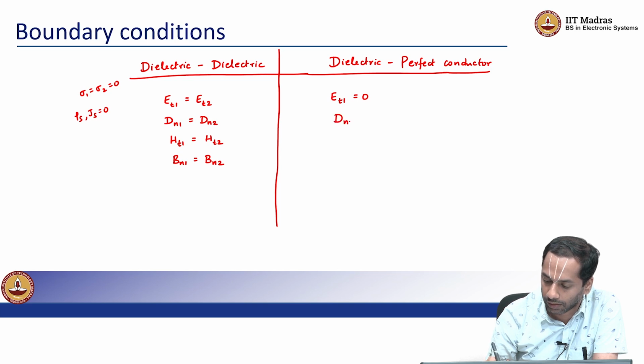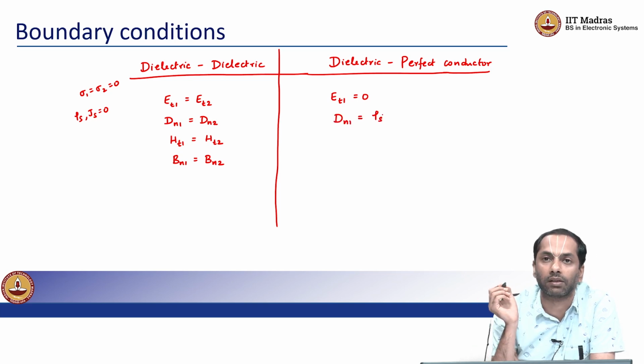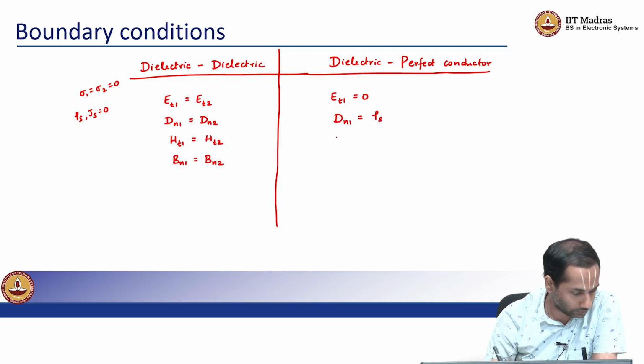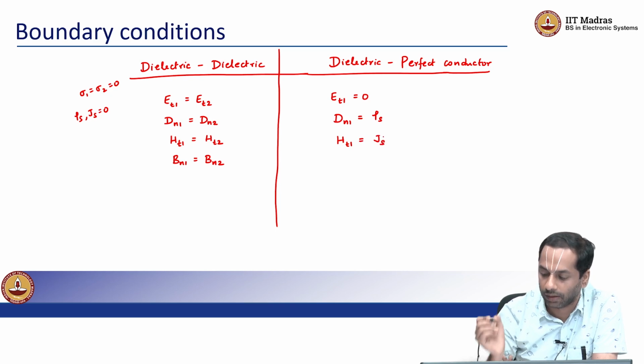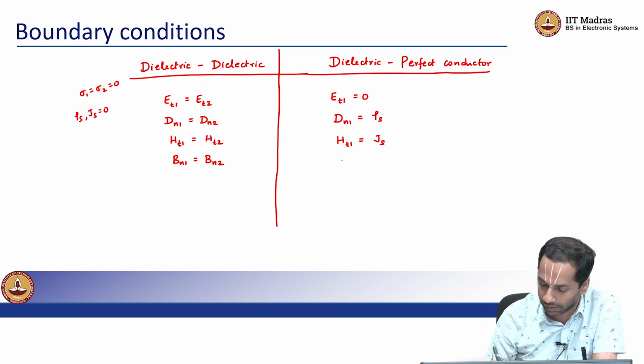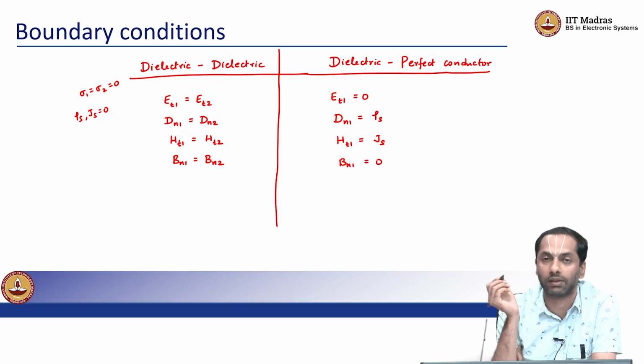And then the normal displacement vector is simply the surface charge. Similarly, the tangential component of the magnetic field is the surface current, and the normal component of B field is 0.